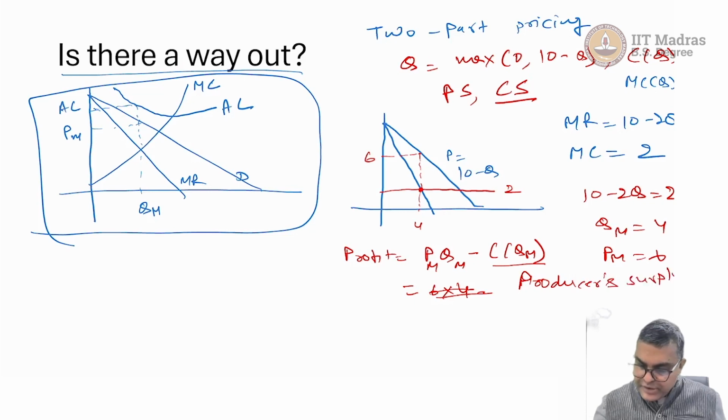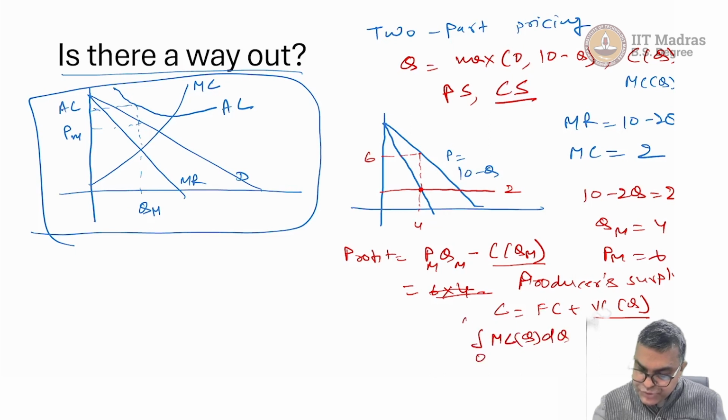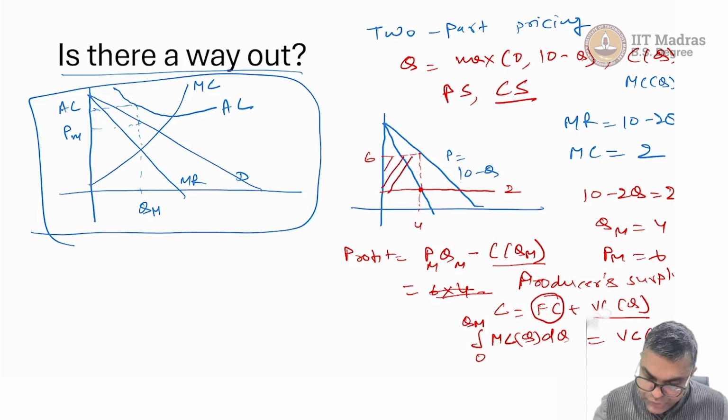Why? Because C is made of FC plus variable cost. We can obtain variable cost from marginal cost. How? If we integrate the marginal cost from 0 to Qm, we will get variable cost at Qm. Of course, we do not know the FC, but we know that this is the producer surplus.